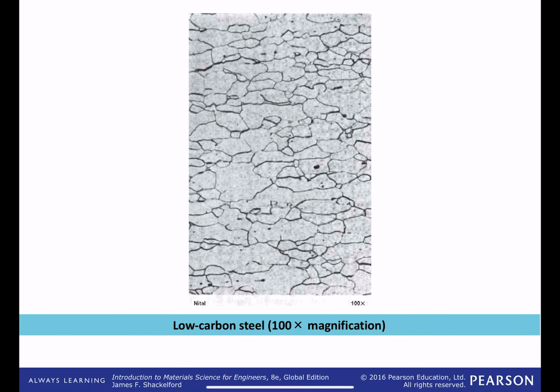Okay, so here's an electron micrograph at 100 times magnification of a low carbon steel, and some surface processing has been done ahead of time, so some polishing and etching to really emphasize that what we are looking at are grain boundaries, not scratches, score marks, or other blemishes in the surface. So we work hard to prepare the surface for characterization by this technique to later have confidence that we are describing grain boundaries.